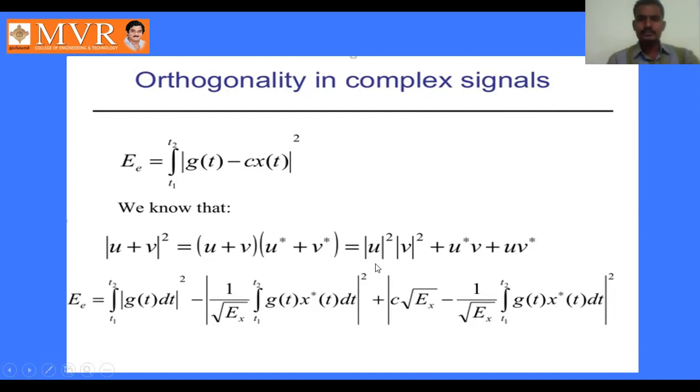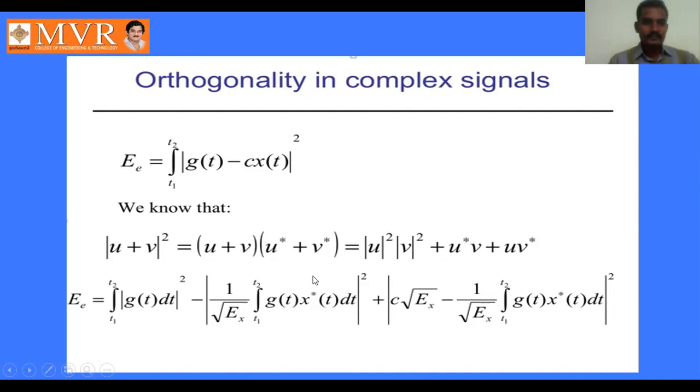So it is u into u star plus u into v star plus v into u star plus v into v star. u into u star is mod u square, and v into v star is mod v square, plus u star v plus u v star.